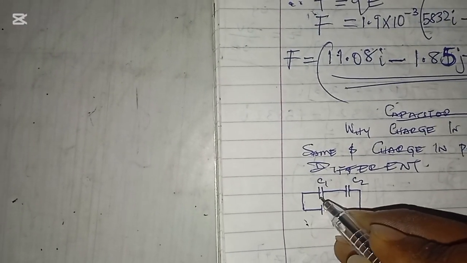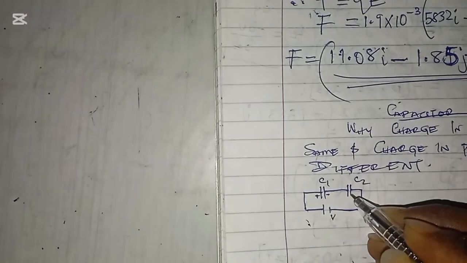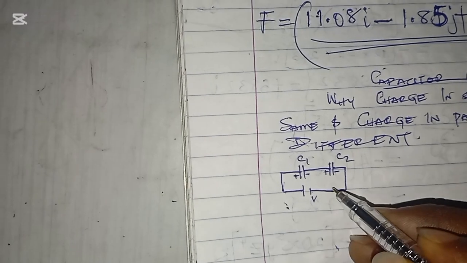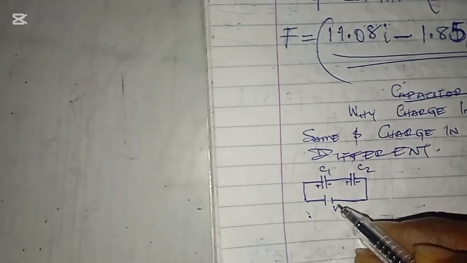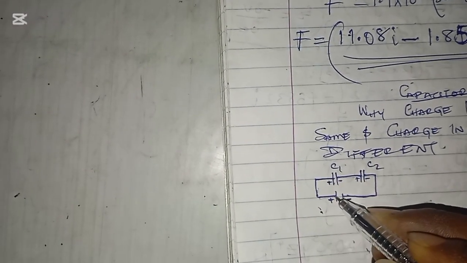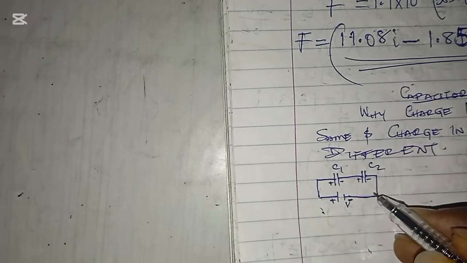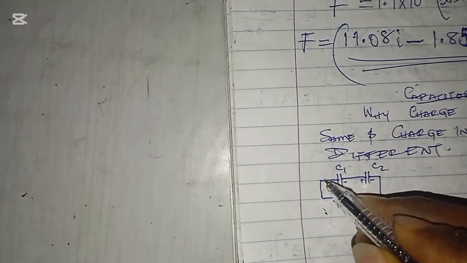So let's say I have on this side plus and minus, on this side plus and minus. And you know that in metals, we always take it that charge moves from the negative side. So if this is the negative side and this is the positive side, as this thing moves this way, it will go here, exit through this way. This is how it will be moving. The stored charge will be moving until what is on this side and this side becomes equal.